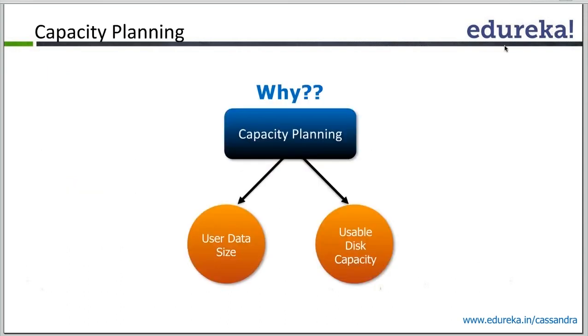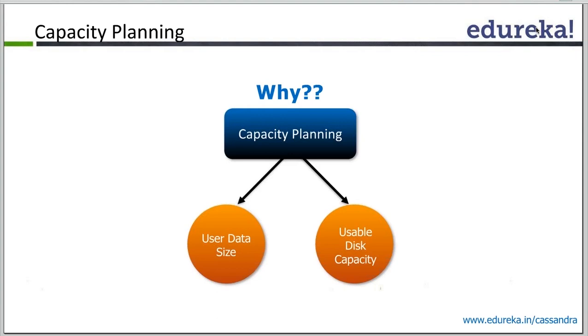So now, disk capacity planning. What is disk capacity planning? When you look at it, the two important factors we need to talk about are the user data size, so basically the application data, and the usable disk capacity. If I pick up a disk of, say, 1 TB, how much of it can actually be used for application data, and how much goes to internal overheads like multiple copies and in-memory data getting written to disk-based systems?